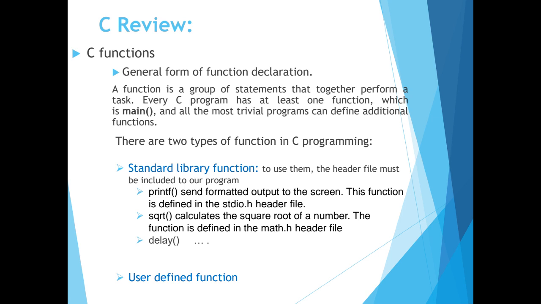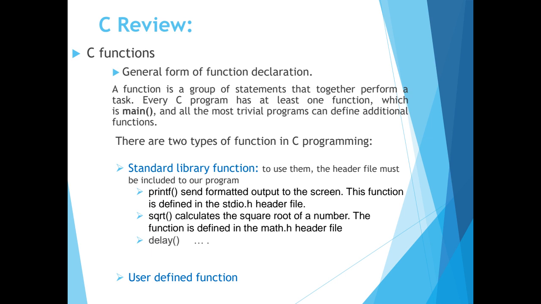After talking about different control statements, I want to talk about C functions. Actually, there are different functions in C language, and this is the general form of function declaration.